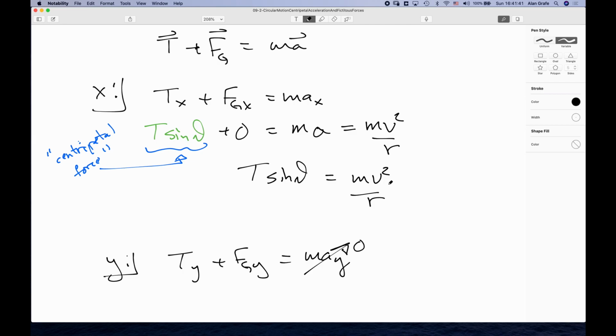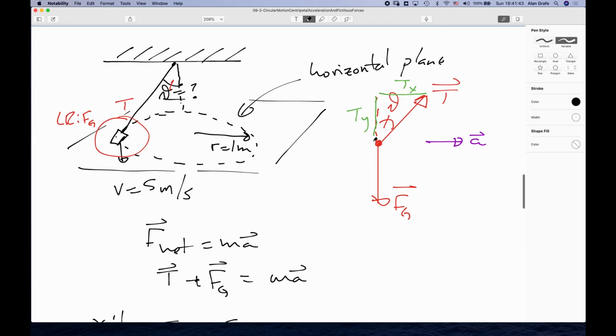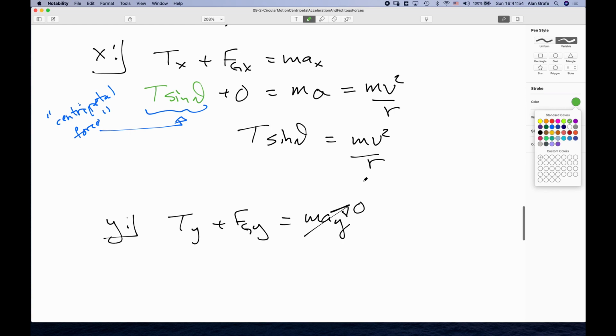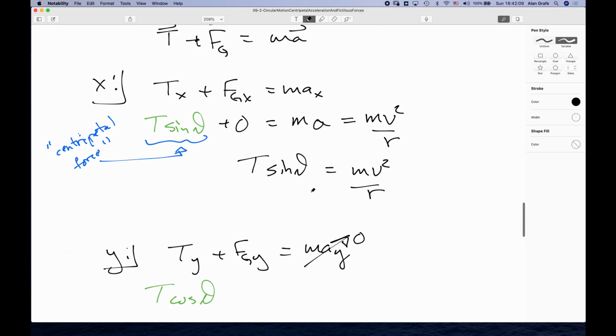For Ty, you go look at this bit right here. That's the adjacent, and again, the tension itself is the hypotenuse. So we would write that Ty is T cosine theta. Minus, because gravity is directed straight down, and it's all of it.